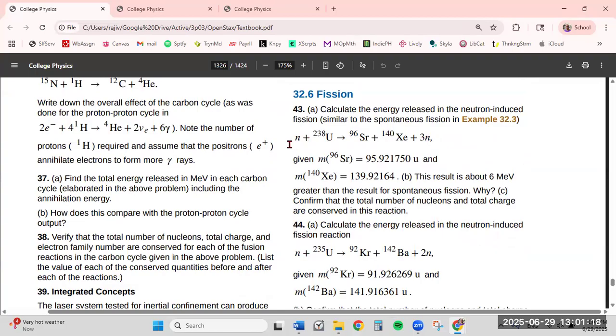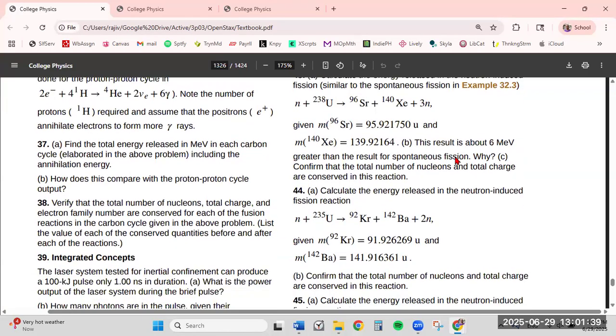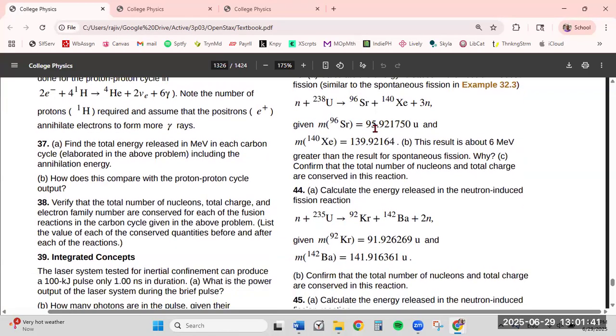And the reaction is neutron plus uranium-238 results in breaking up the uranium into strontium-96 and xenon, no, it's not xenon, I don't know what that element is, 140, plus there are 3 neutrons released. And they tell you the mass of these daughter nuclei.